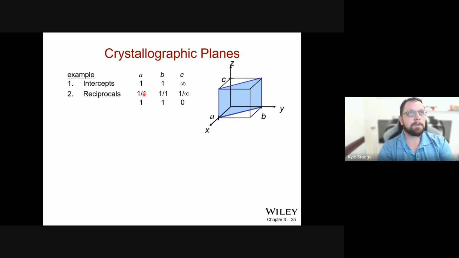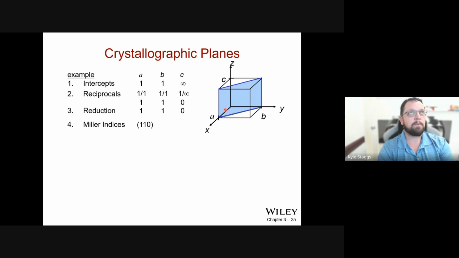You take the reciprocals of these, so 1 over 1, 1 over 1, 1 over infinity. Reducing those, there's no common integers or least multiples that need to be reduced there. So the Miller indices are the 110 for this crystallographic plane.